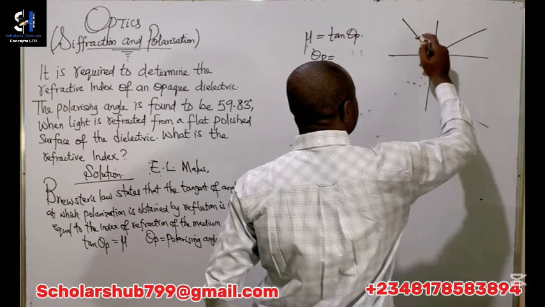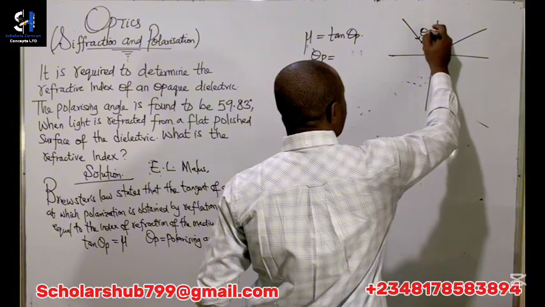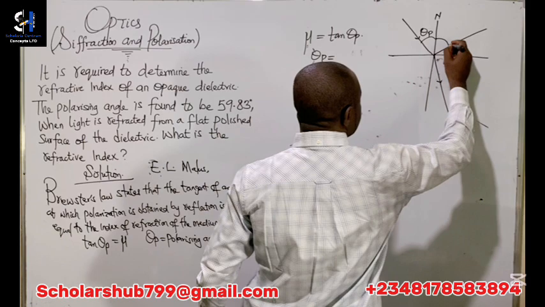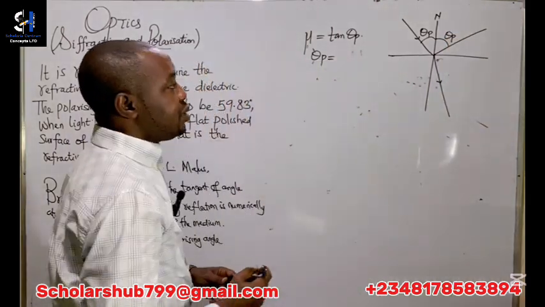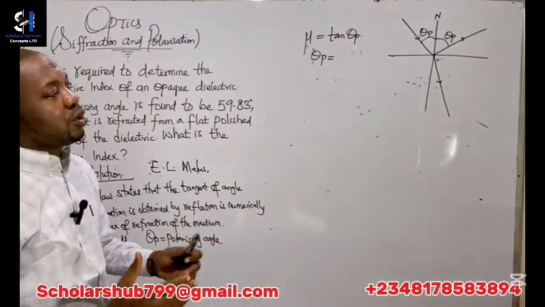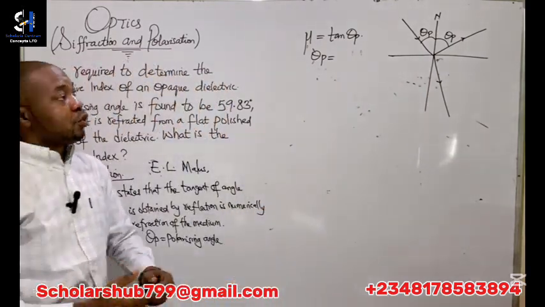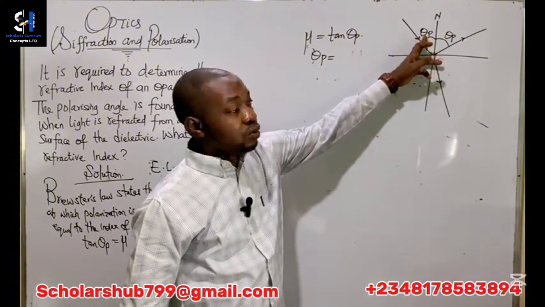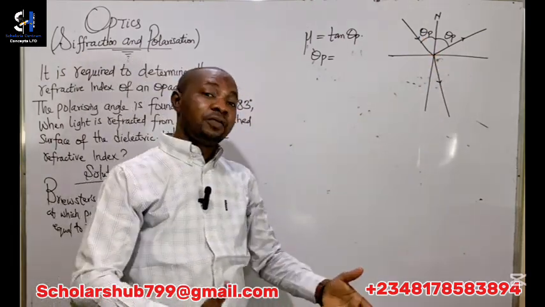This is the incident ray, which makes an angle known as the polarizing angle with the normal. Then we also have this to be the polarizing angle, because the angle of incidence equals the angle of reflection.